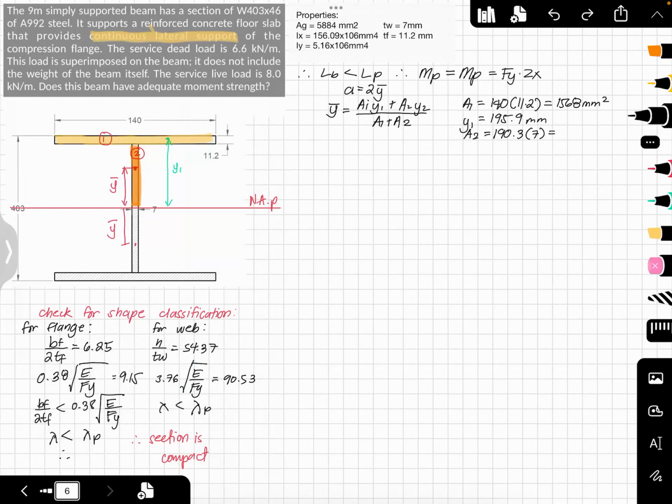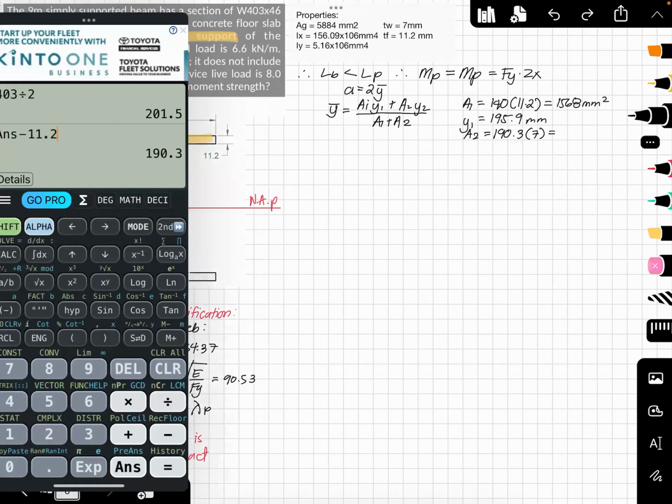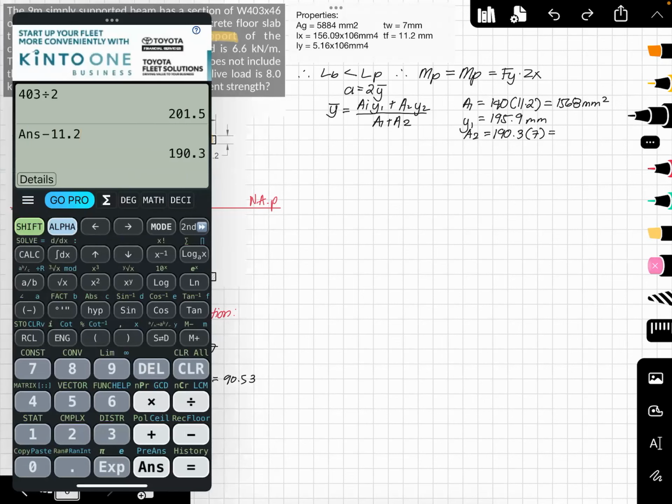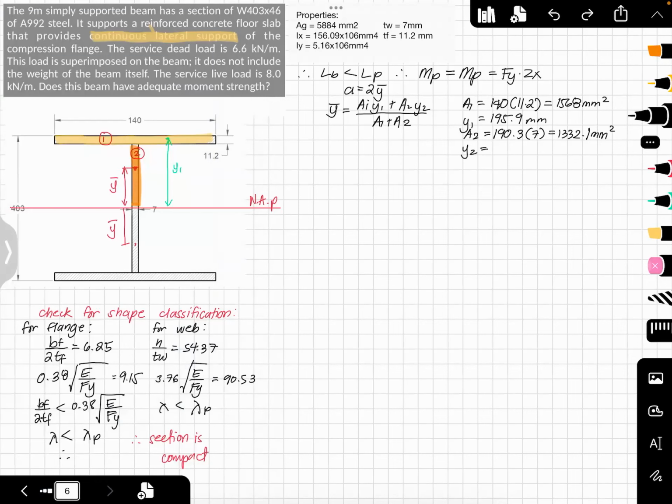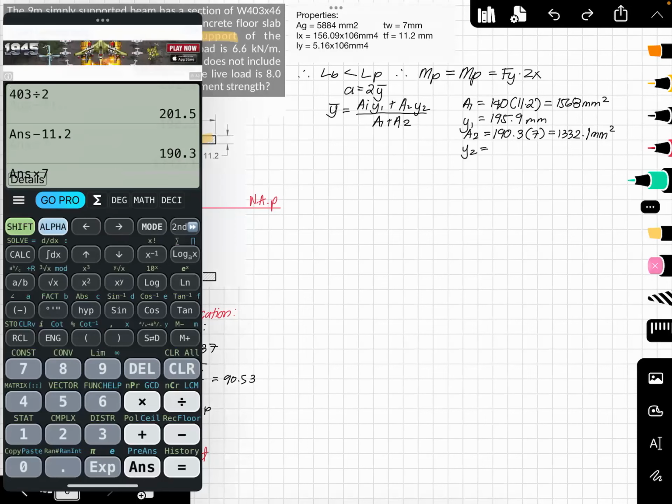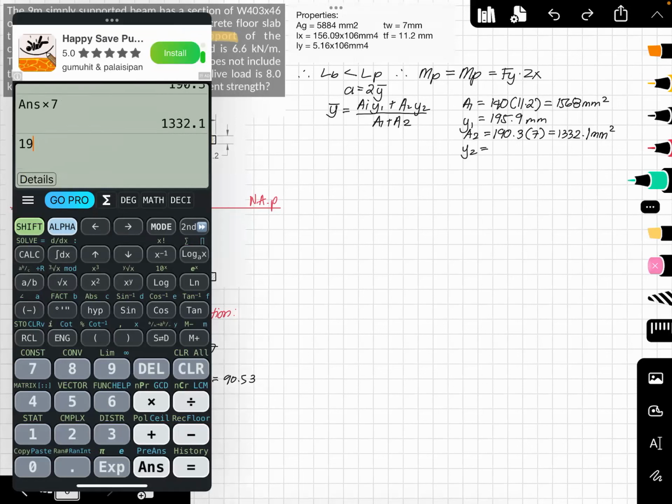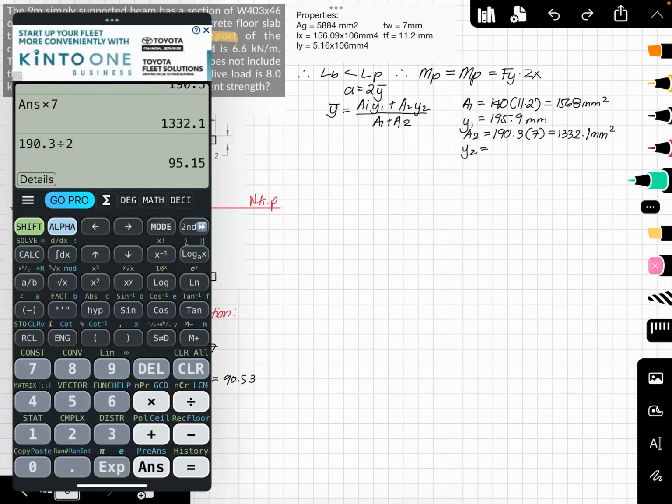So we have 190.3 times 7, 1332.1. As for the Y2, we have the centroid of area 2 with respect to the plastic neutral axis. So Y2 is equal to 190.3 divided by 2, 95.15.